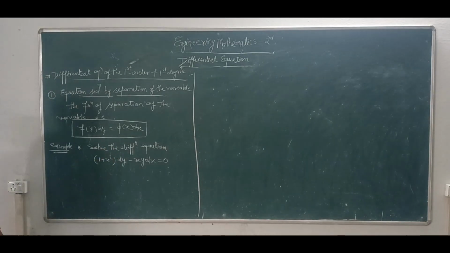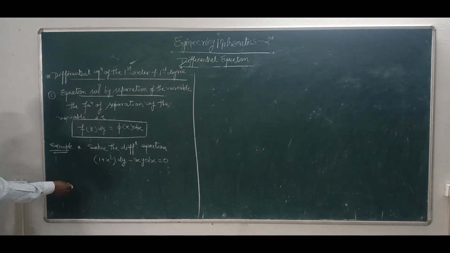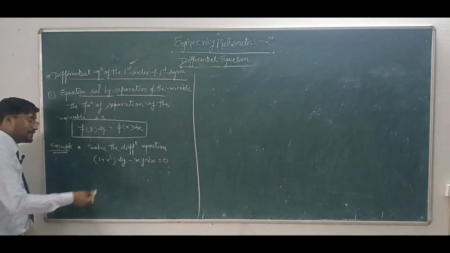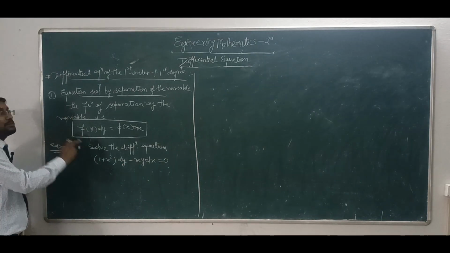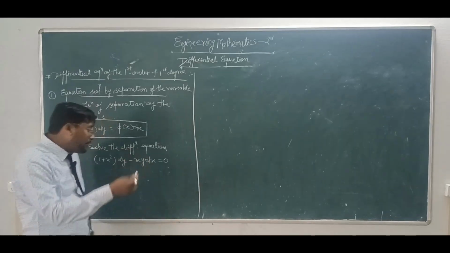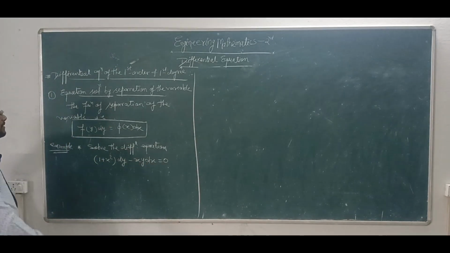This is a differential equation. First, I will check that this is a differential equation. Now I am finding what type of differential equation it is. It is a separation of variables type.